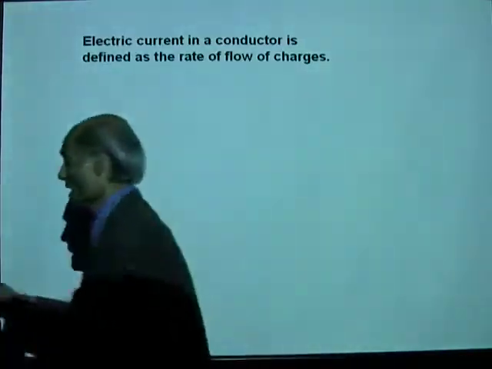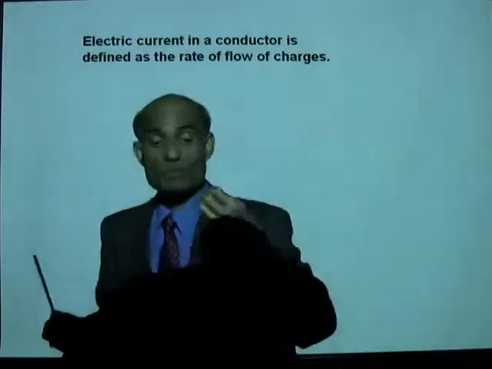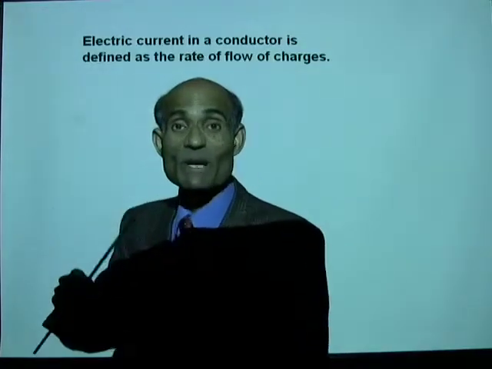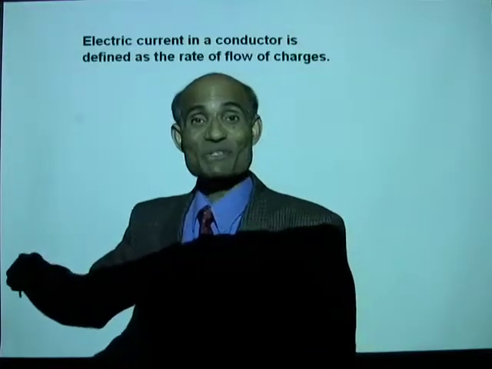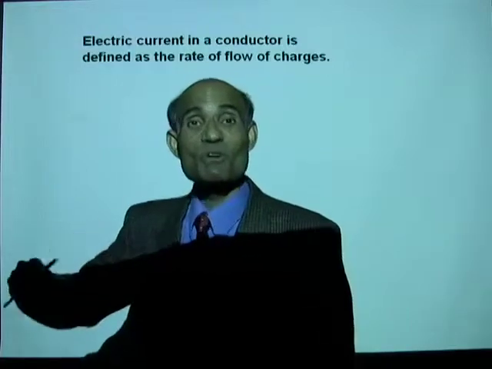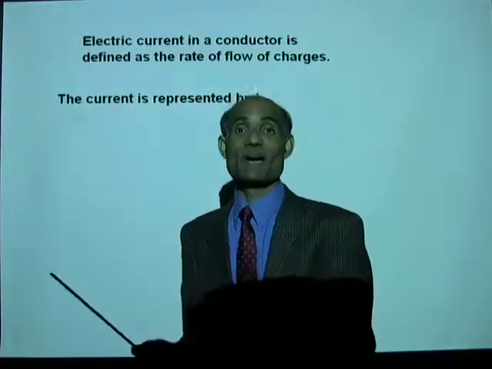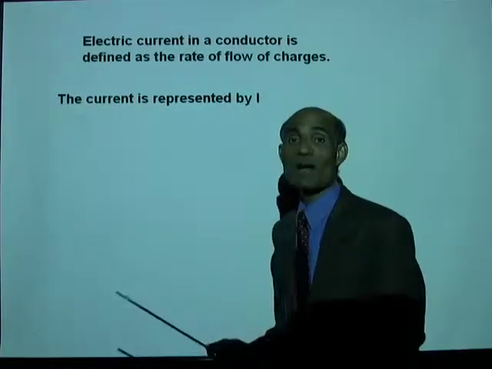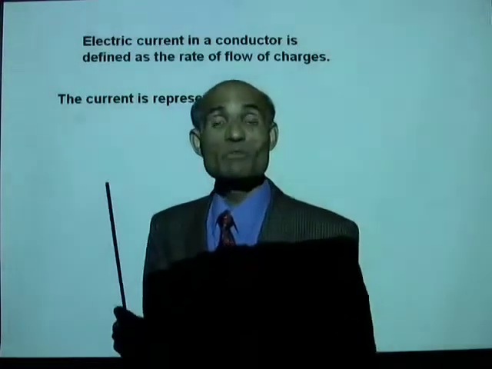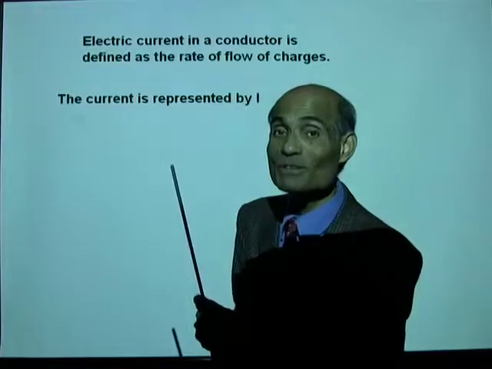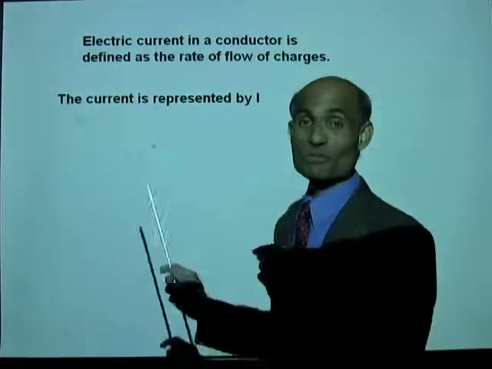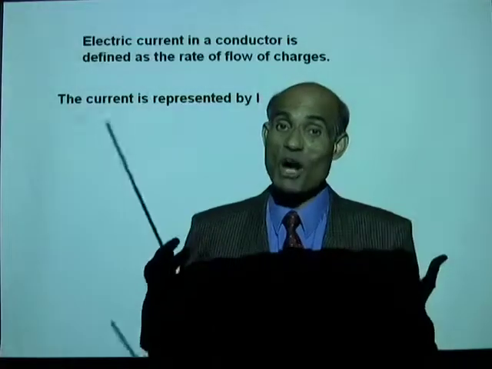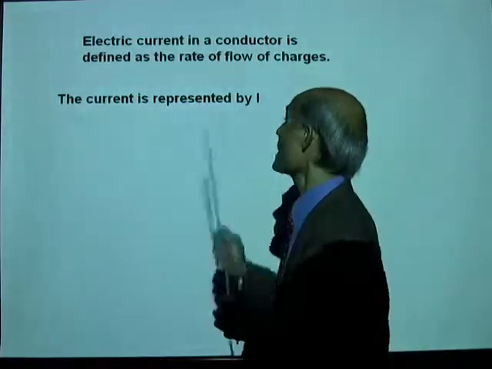In other words, electric current is the rate of flow of electric charges, or the rate of drift of electric charges. And current in a conductor we will represent by I. If you remember, when we talked about thermal current some time ago, we used the same letter I. So when you want to represent a current, we will use the letter I.